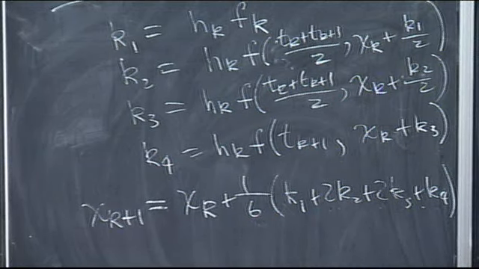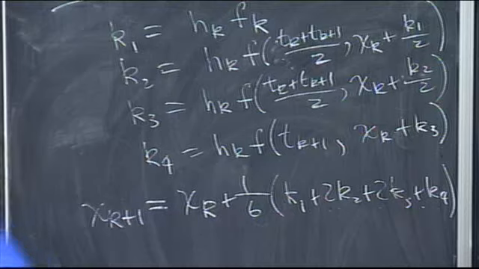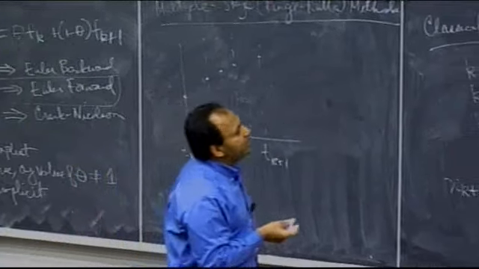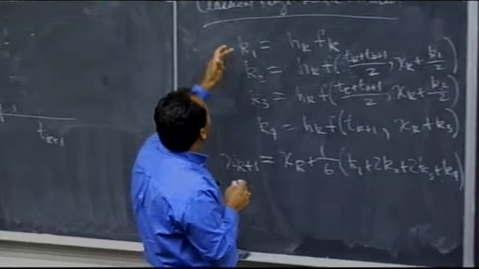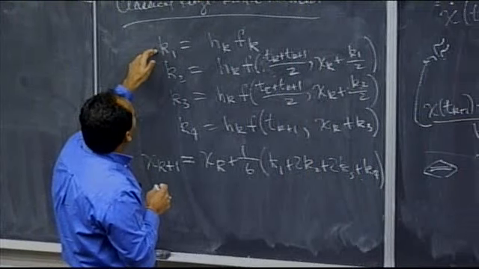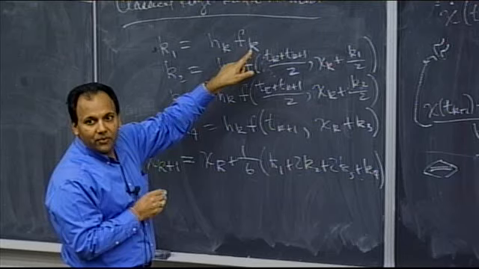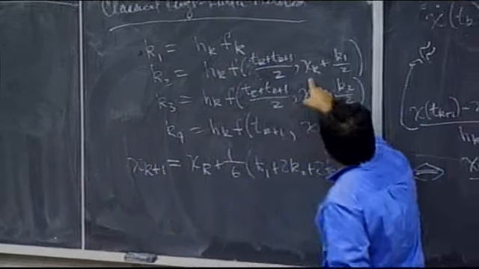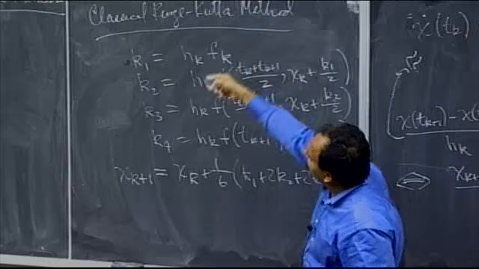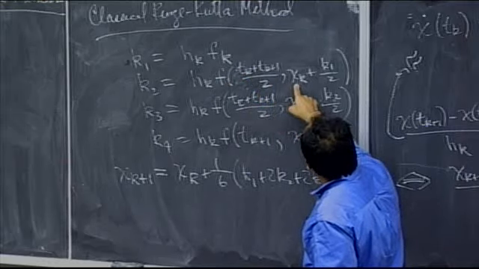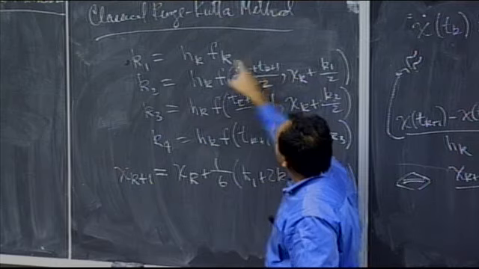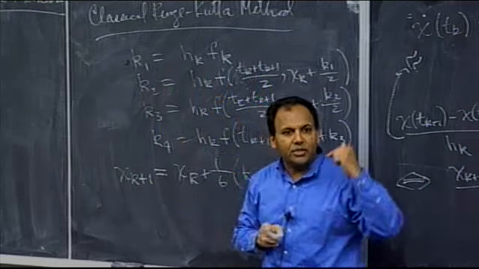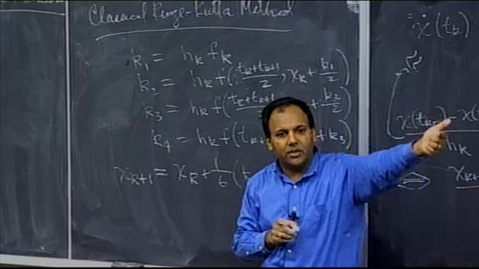Now you'll notice it's not a multiple step method. It's not like Euler forward, because you look and see what you need in order to do this. I need the value of the function at the point k first, right? Now, to get the next coefficient, what do I need? I don't need the value of the function at the next point. I need the value of the function at the current point plus the value that I got from the first stage, right? So I'm not actually evaluating the function at a point that I don't know the value at.